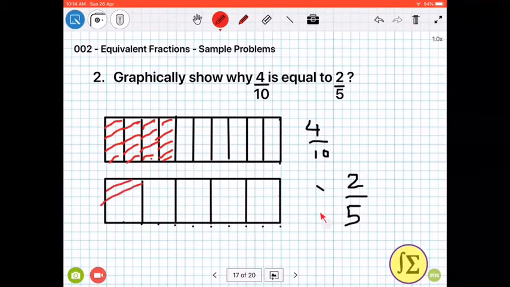So I'm going to shade 2 pieces, 1 and 2. So we have shown that 4 over 10, represented by this shaded area, is the same as 2 over 5, which is represented by this shaded area. As you can see, they end up at about the same mark, right? So this is how we graphically show 4 over 10 is equal to 2 over 5.